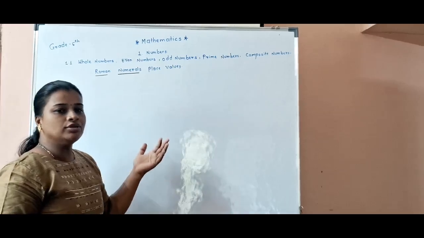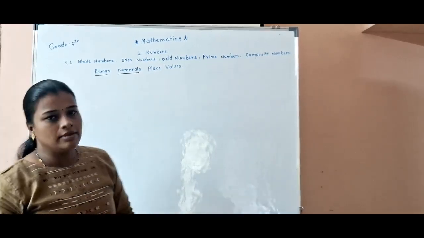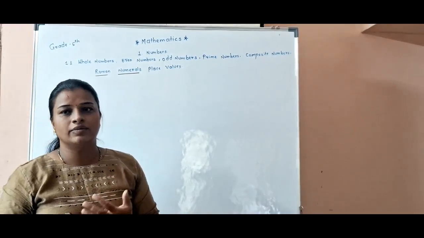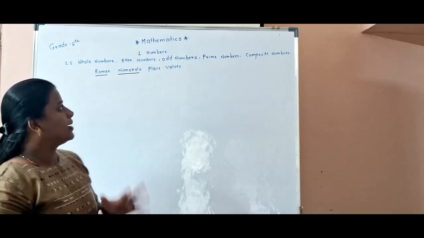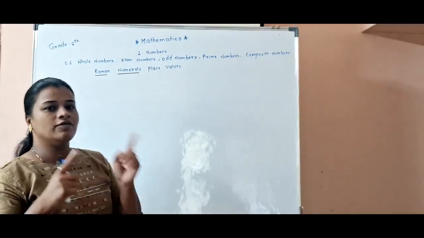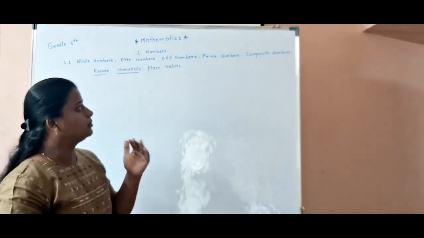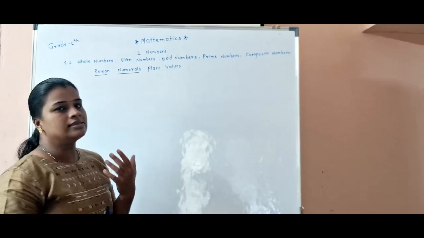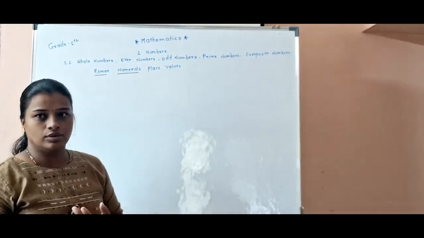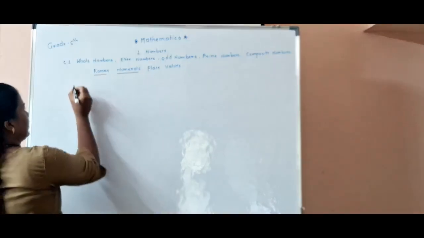In addition to this, we are supposed to study face value, co-prime numbers, twin prime numbers and natural numbers. Let us start, and we are going to begin with our natural numbers.